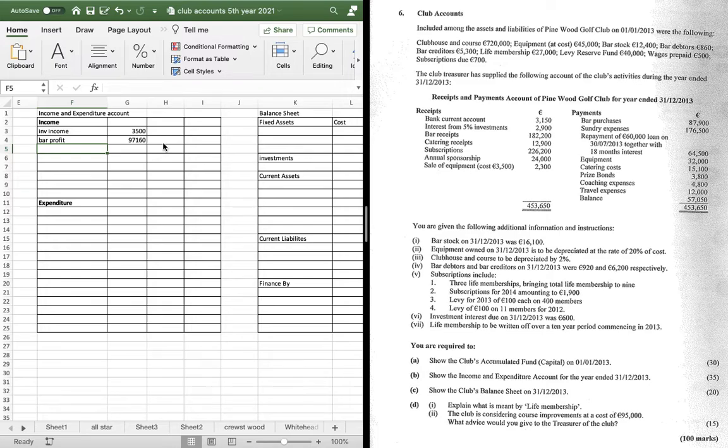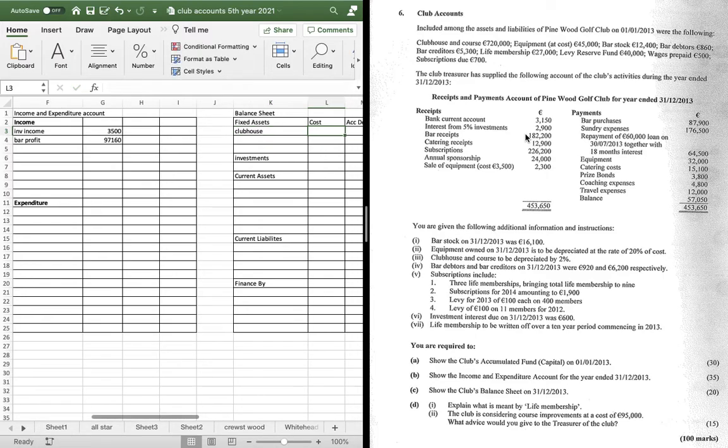At that point, I'm going to go back up to the top of the question and start working my way down. So I'm going to do the clubhouse first. Clubhouse fixed asset, and that's 720. There's no mention of us building an extension or buying a clubhouse or anything like that. So 720 into our cost.